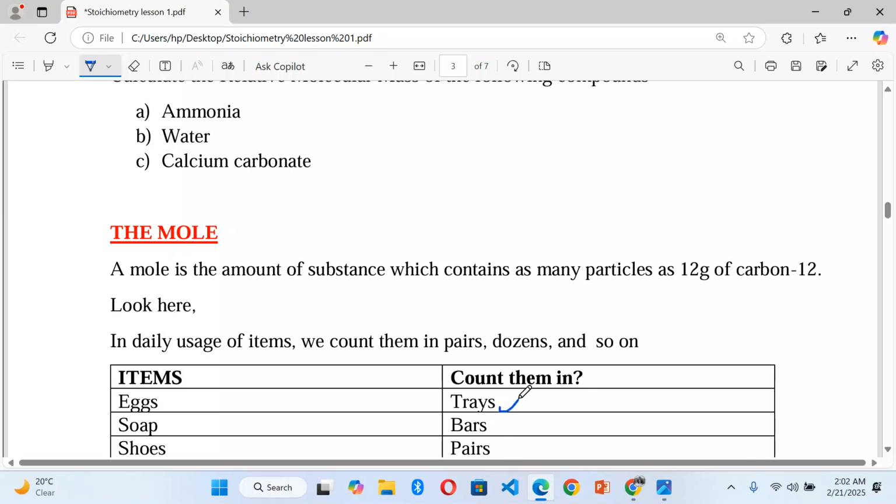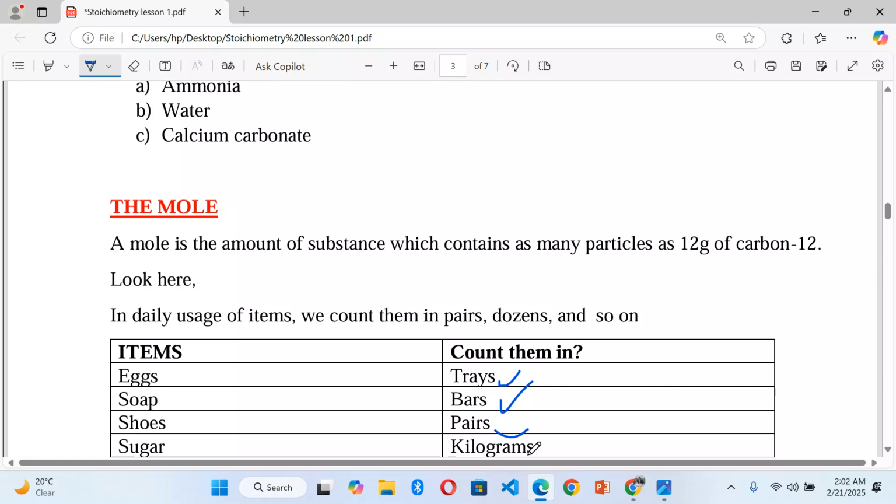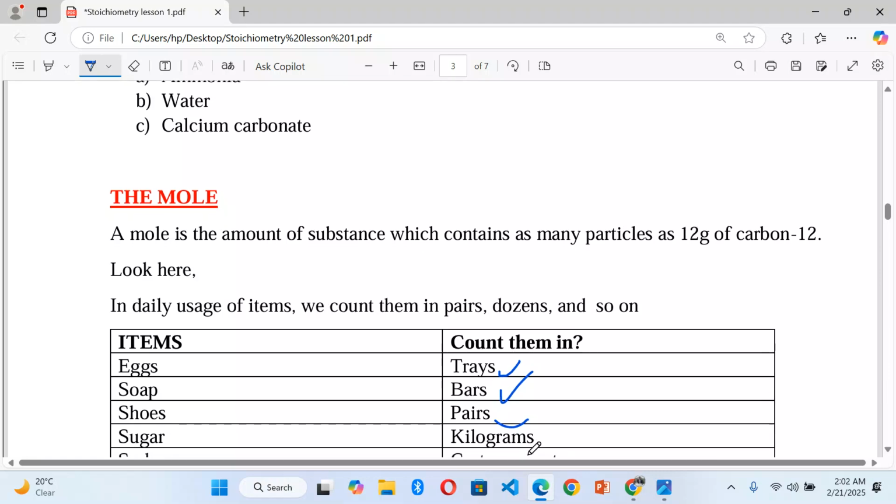You see, we count how many trays of eggs you are going to take. Soap, we count it in bars. When you go in the shop, you say, I need a bar of soap. When you go to buy shoes, I need a pair of shoes. You see, this is how we count things in our day-to-day life.